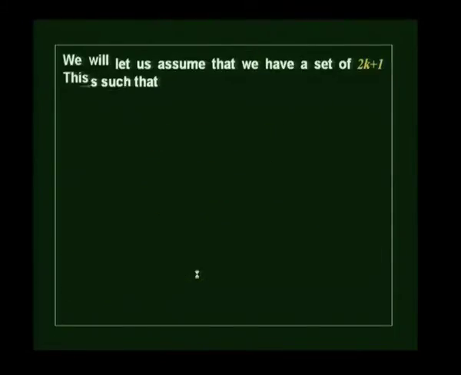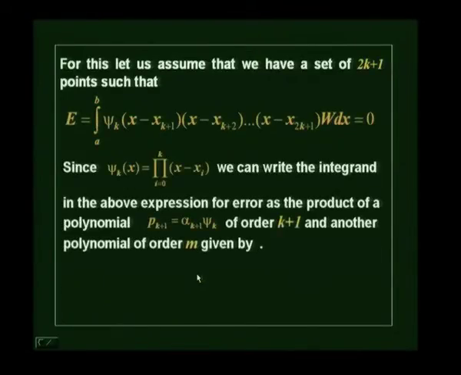Okay. So, we have already seen that. So, we have written the error in this form, assuming that we can choose all these points, that is psi k into x minus x k plus 1, x minus x k plus 2, up to x minus x 2k plus 1, w of x dx equal to 0. That is what the error would be, that is our aim.